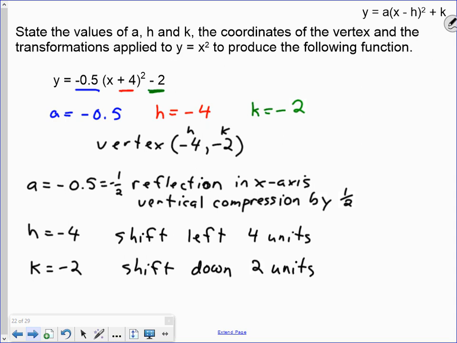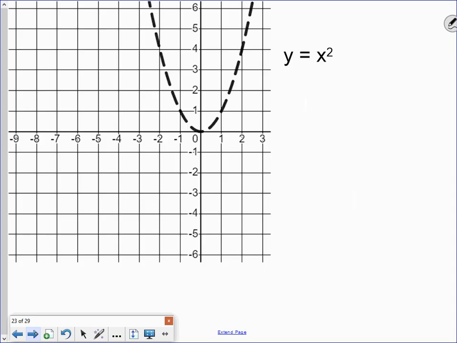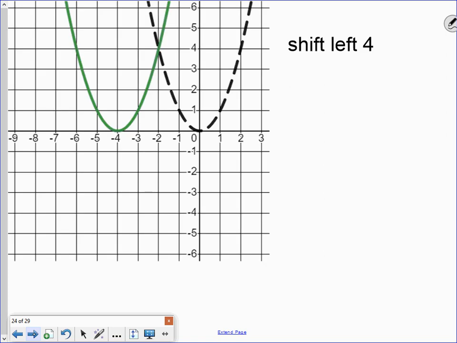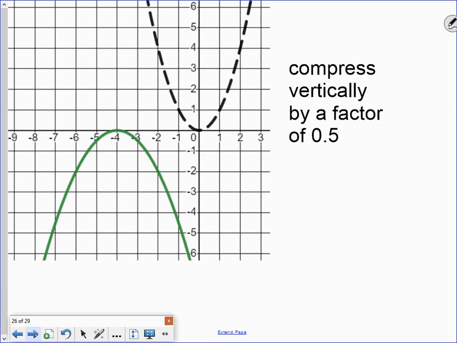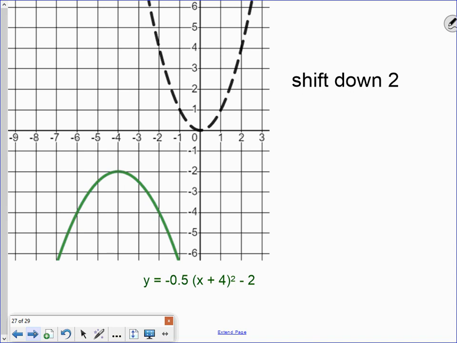So what does this look like in action? If we start from this parabola, y equals x squared, we can shift it left 4. We can reflect it in the x-axis. We can compress it vertically by a factor of 1/2, making it slightly wider. And then we can shift it down. And this would be the graph of that new parabola.